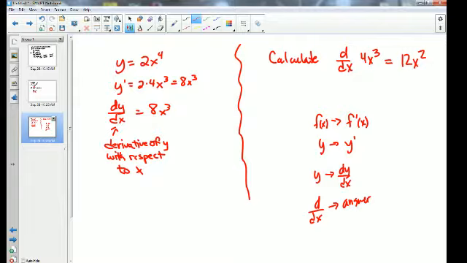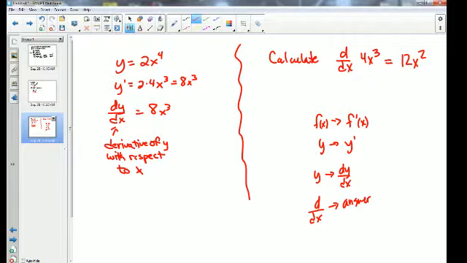I don't think there's one other, but I don't think it shows up in our book, to be honest with you. Okay, what do you mean by just the answer? Oh, calculate d over dx. Here's your answer.